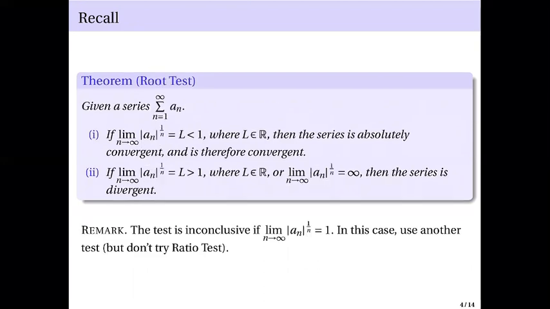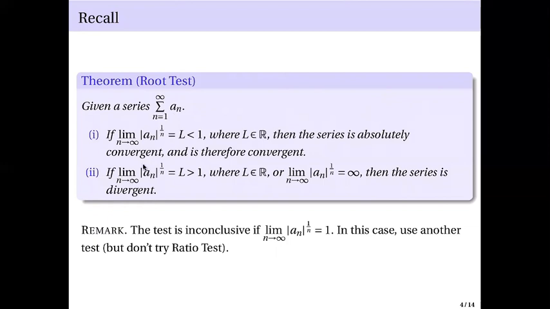The last theorem that we need to recall is called the root test. Here we are given a series, a_n. Now, if the limit of the absolute value of a_n raised to 1 over n is a real number that is less than 1, then the series a_n is absolutely convergent and is therefore convergent.